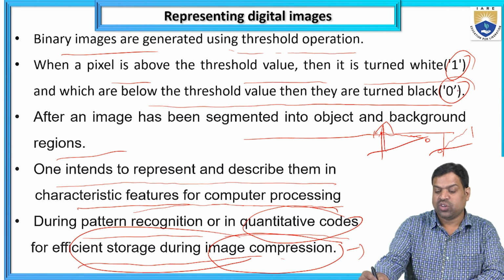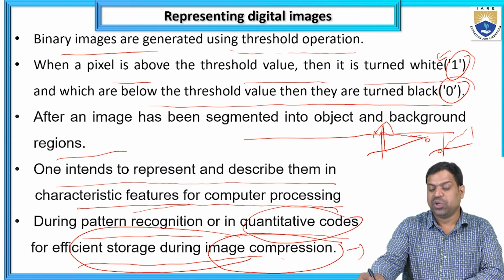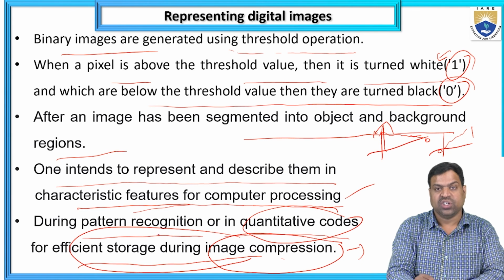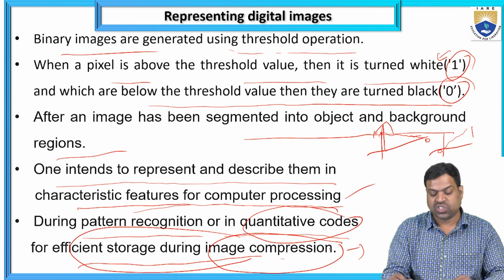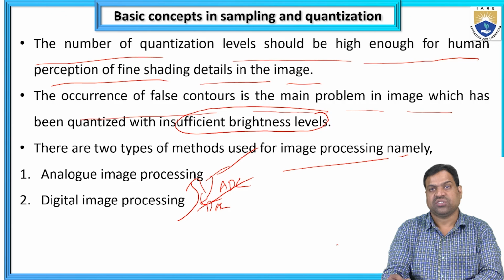Above the threshold the value is 1, below the threshold the value is 0. Above the threshold means 1, I take the color as white, below the threshold the color is black, that is 0. And 1 is intended to represent characteristic features for computer processing during pattern recognition, or quantitative codes for efficient storage during image compression. These are the representations.